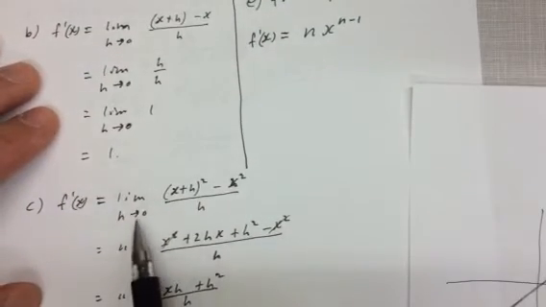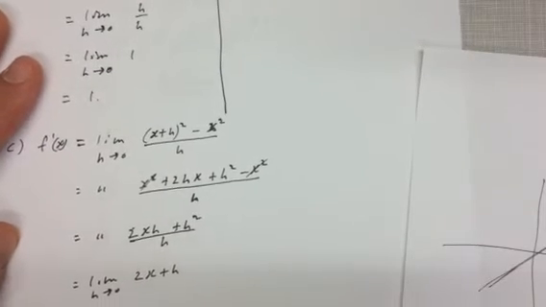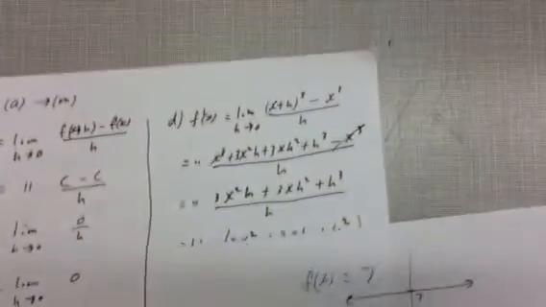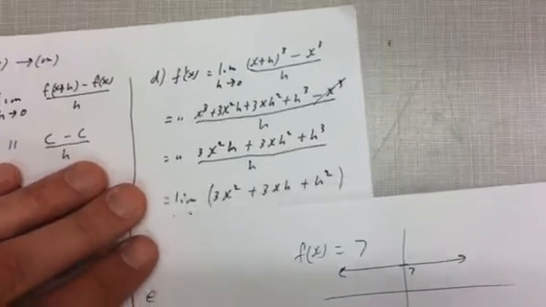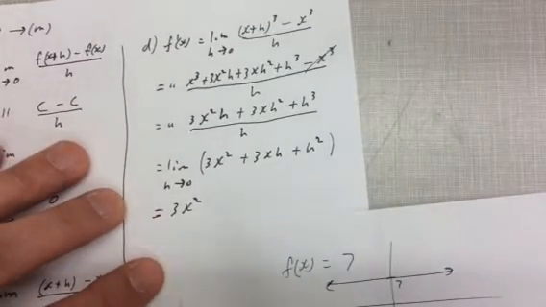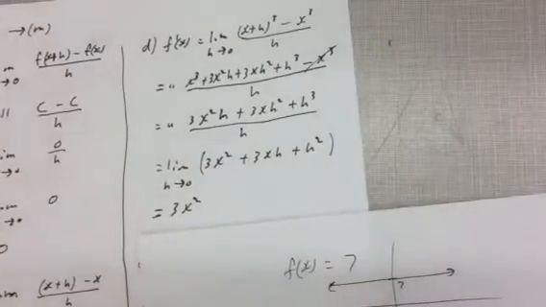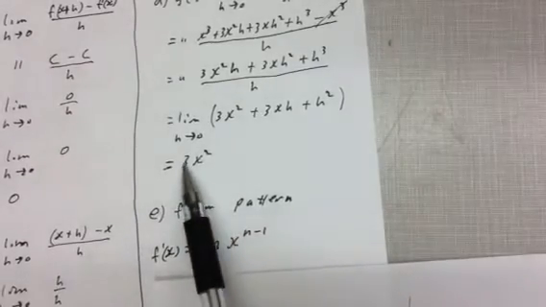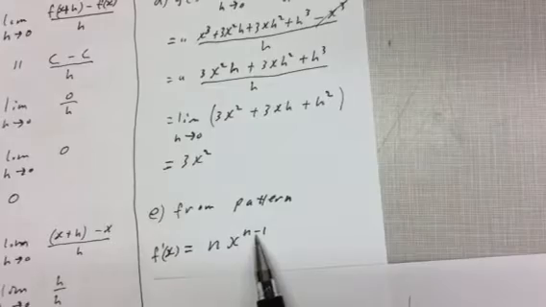Okay, for x squared, we've done this before. We go through, we get 2x. Okay, x cubed, we've looked at this one already. Okay, so we go through and we get 3x squared. So from this, you might be able to see a pattern. And hopefully you've seen the pattern where it's take the power down in front, multiply it by x, and reduce the power by 1.